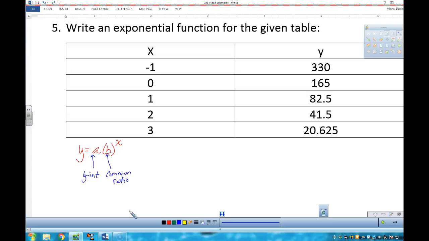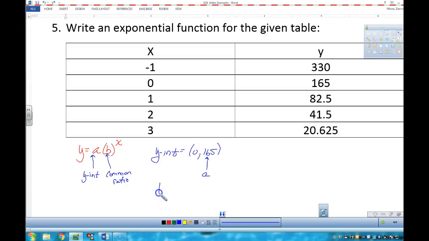We know the y-intercept is the place where x equals 0. So in this problem, the y-intercept is 0, 165. So our a value is going to be 165.